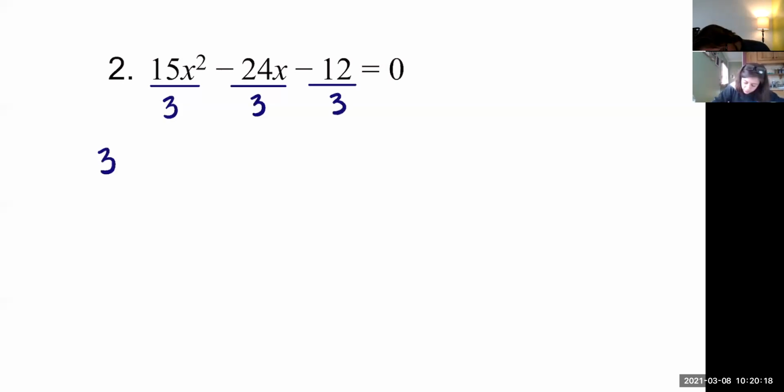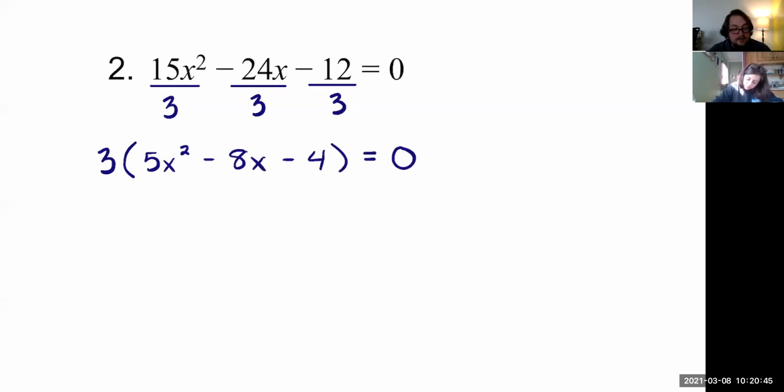We can't take out an x, because this third term doesn't have an x, so that would upset our problem. So dividing out a 3 here, I should get 5x squared minus 8x minus 4. Don't forget though, this is still all set equal to 0. That's important. We'll come back to it later.